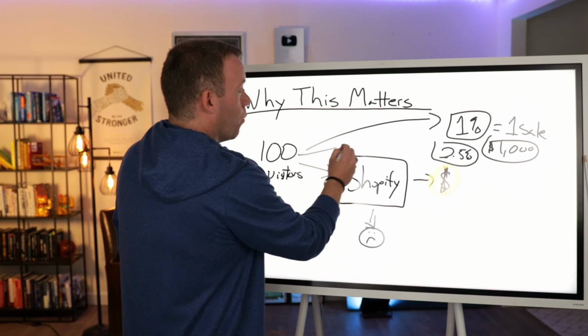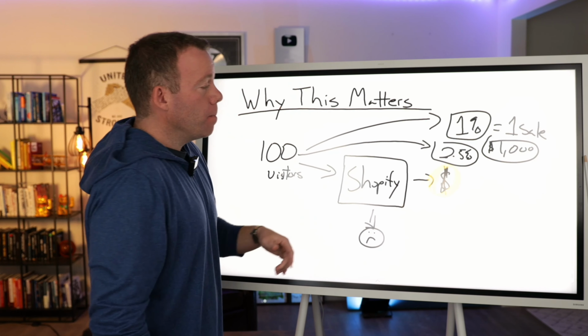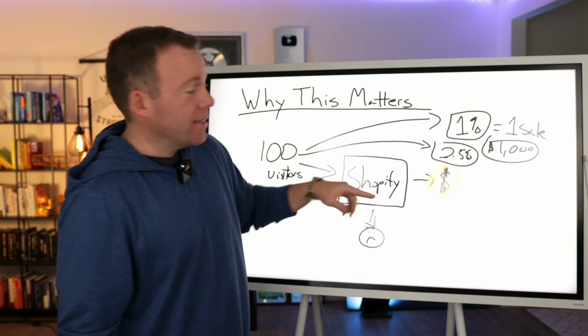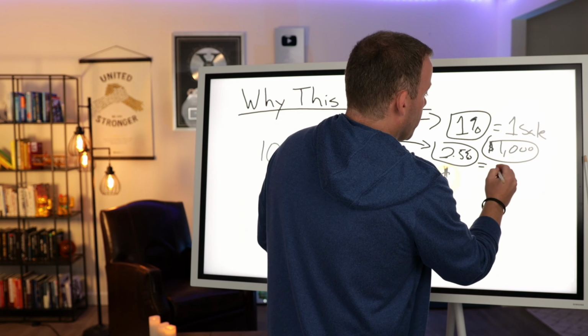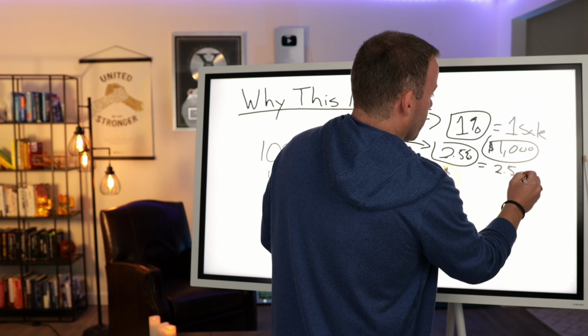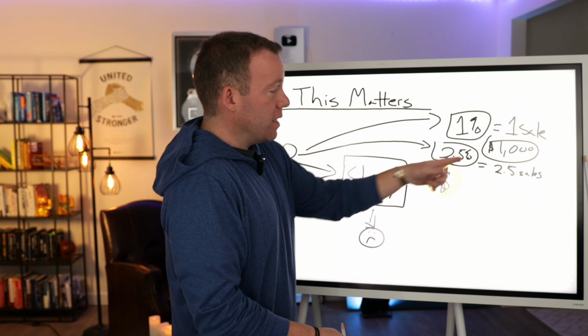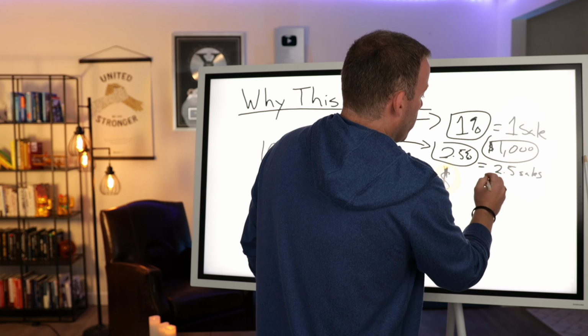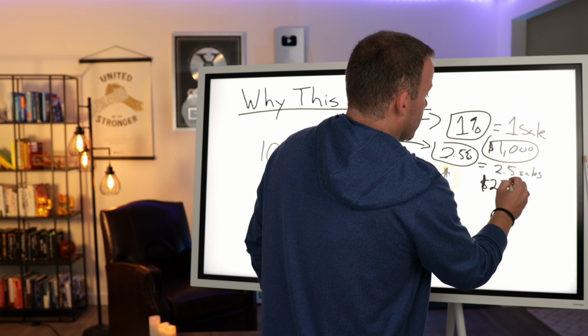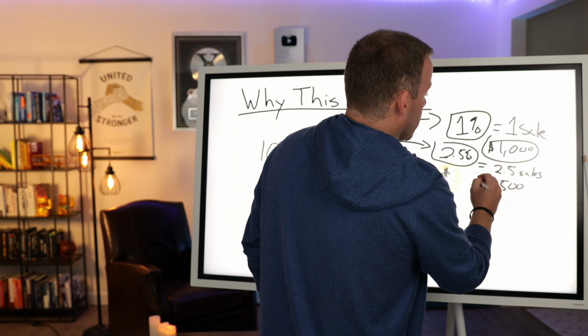So if that same 100 website visitors comes to our store, but we convert at 2.5%, that means we got 2.5 sales. If you're wondering how that's possible, of course it's not, but it averages out over time. But that would mean that instead of $1,000 in sales, we would have $2,500 in sales from the same amount of traffic.